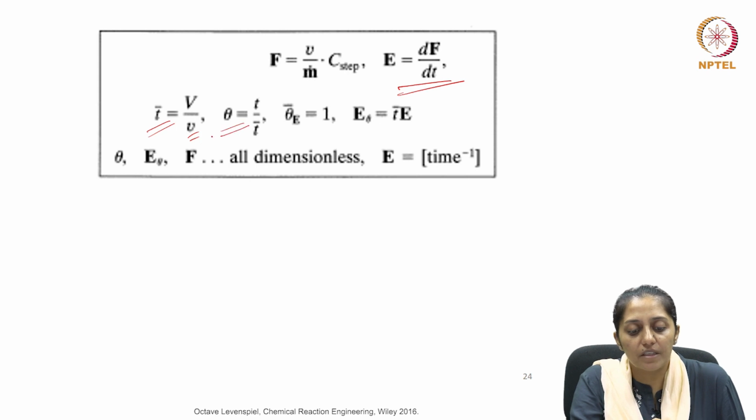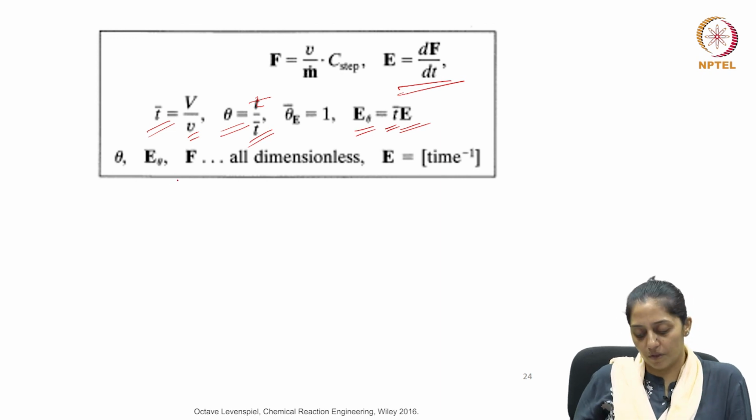Theta is the dimensionless time factor, where the time is divided by the mean residence time. So, E theta is related to E by the mean residence time. Your theta, E theta, F are all dimensionless entities, and E is time inverse.